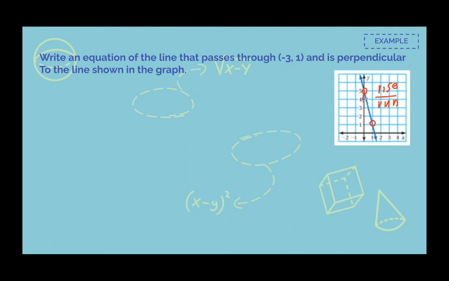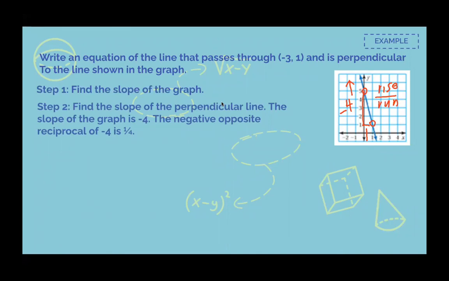In this case, we're going downward for our rise, so we know that it's negative. The rise is -4 units, and then your run is just 1. So your final slope is -4. Go ahead and record that.